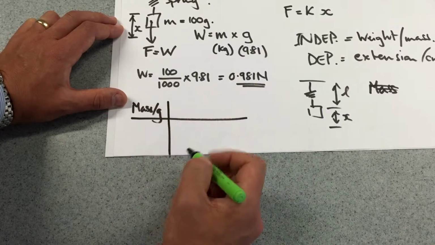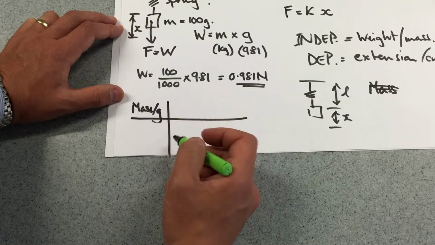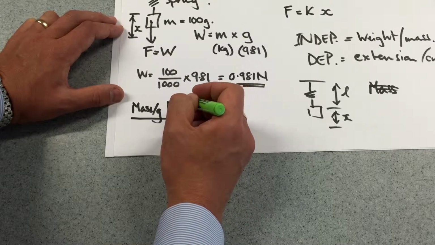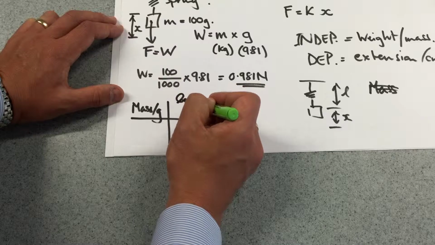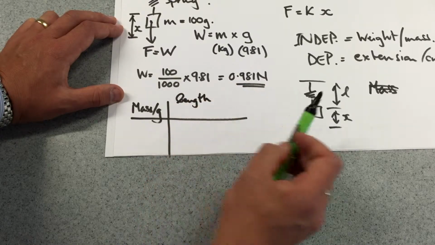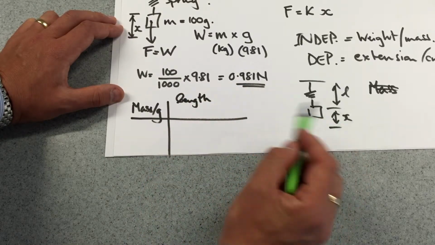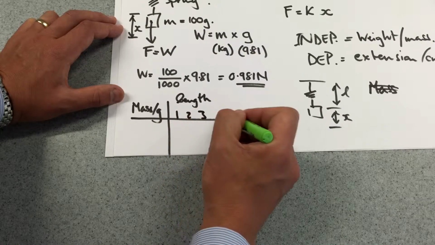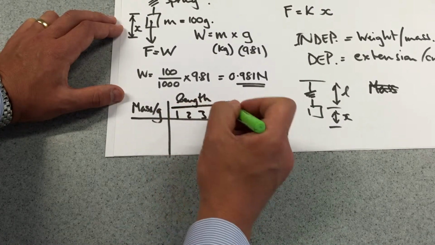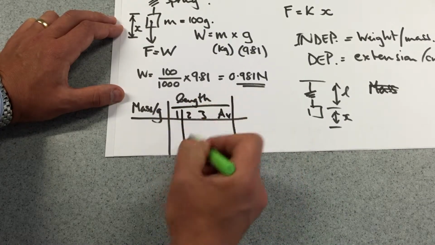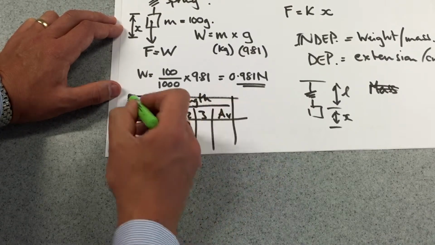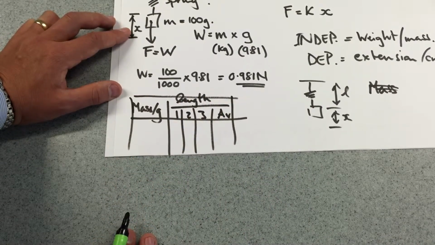Then I'm going to measure the overall length that I have on the spring, once, twice, three times, and average it. And that in the first instance is going to be my table of results.